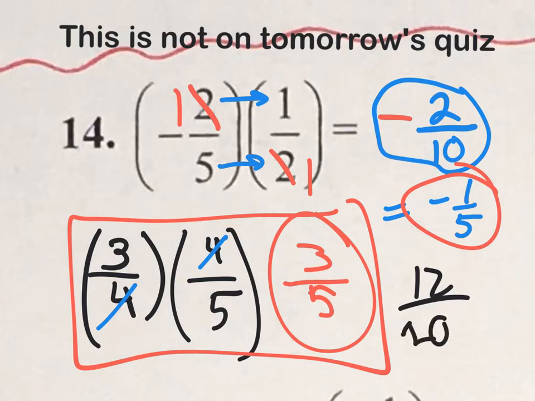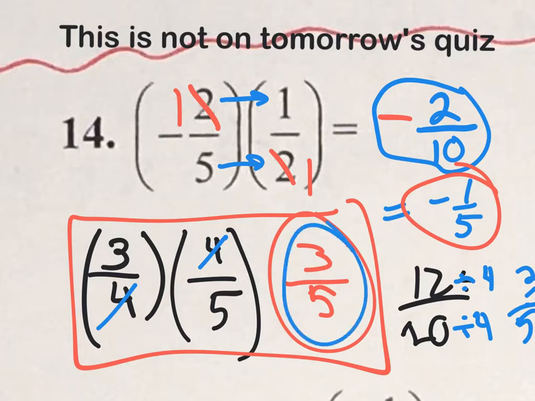But then 12 over 20, you could reduce by 4. So you could divide the top by 4 and the bottom by 4, and that would give you the same answer, 3/5, that you got right here. So it's up to you if you want to cancel, or if you still want to go top with top and bottom with bottom, and then reduce. It's totally up to you.